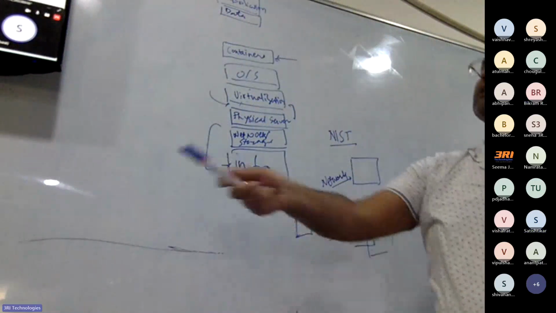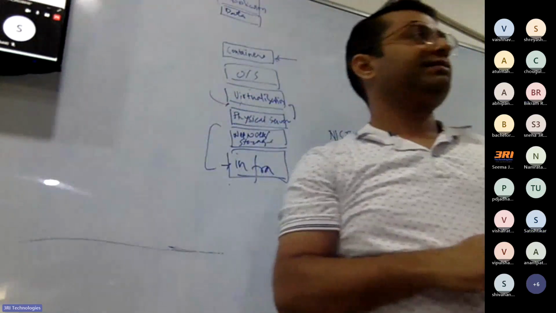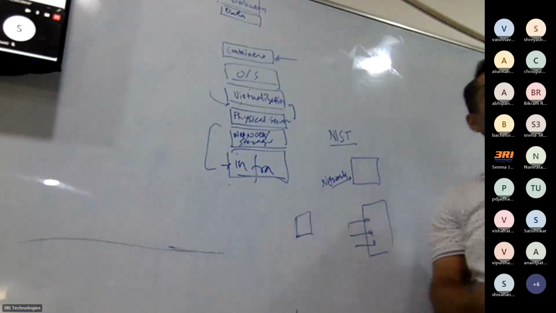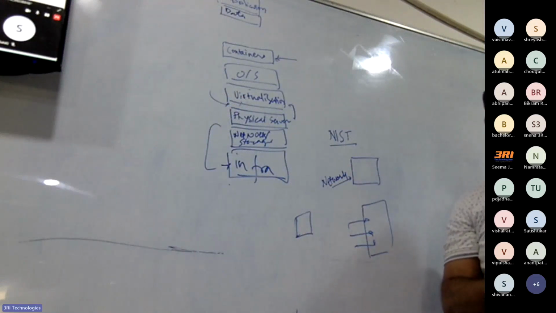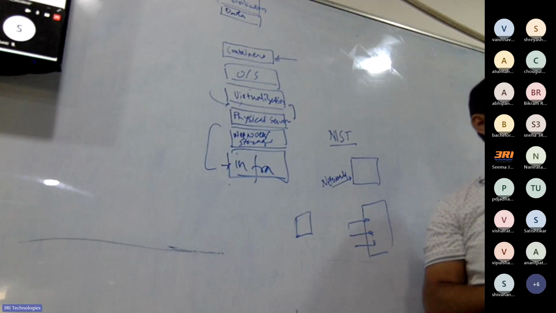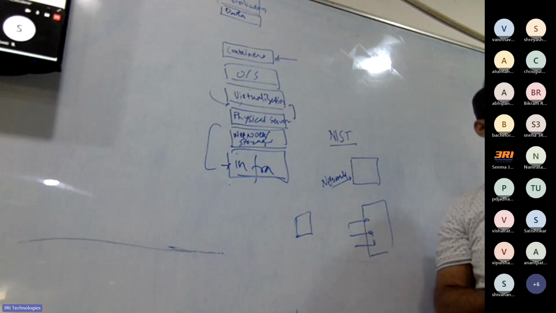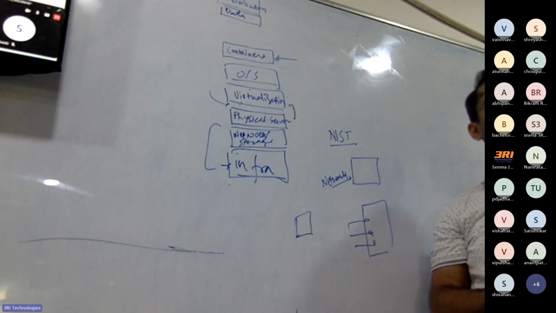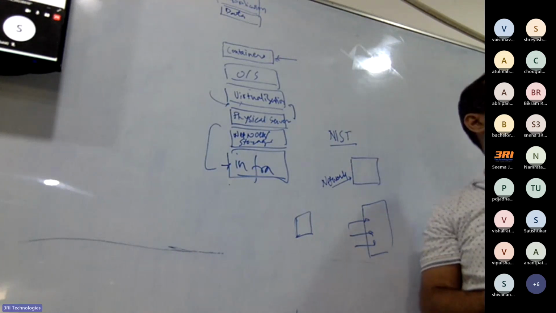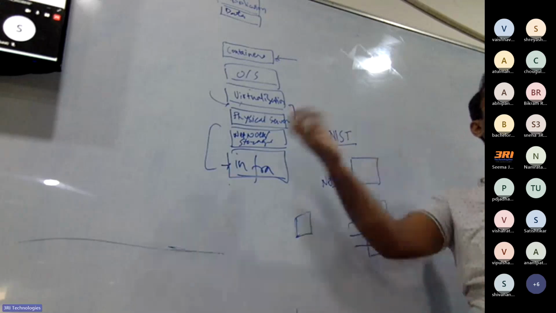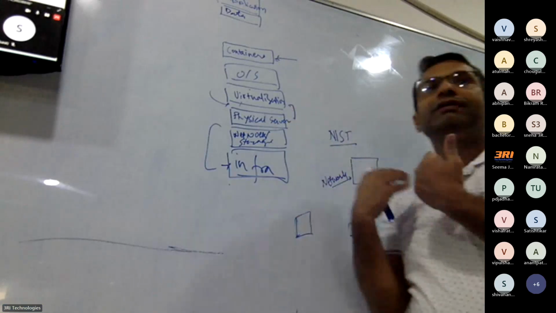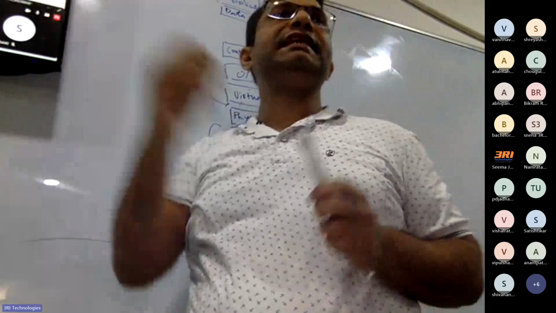The next thing is rapid elasticity. Now, you are standing in front of your vending machine. You are having Coke, and suddenly 5 of your friends come. What do you do? You share your Coke. You get more. That is rapid elasticity.